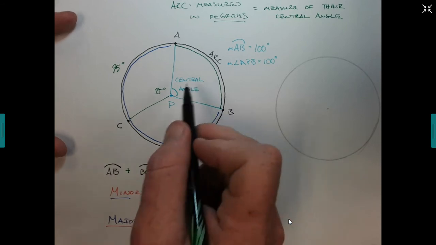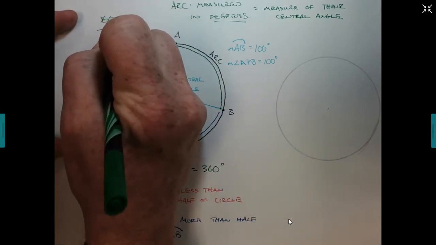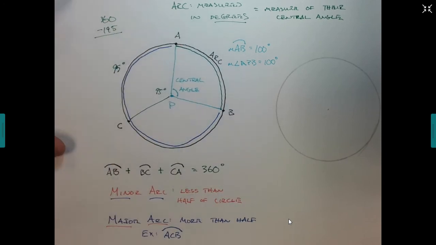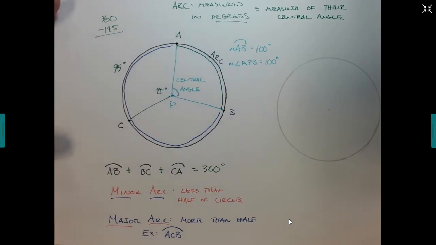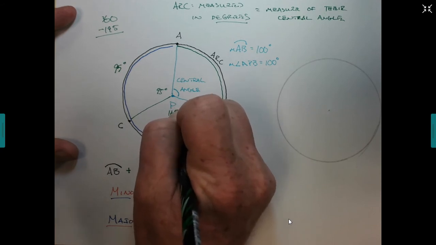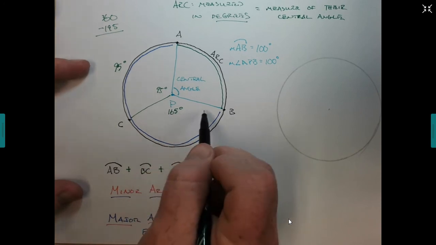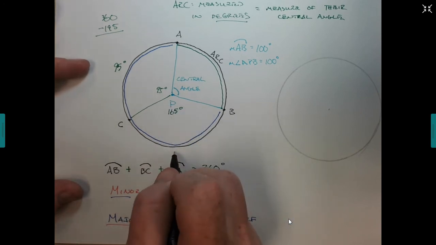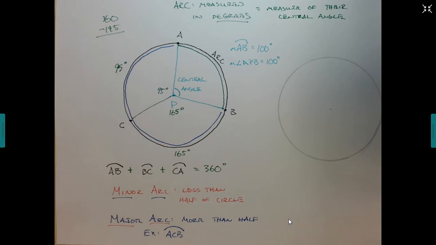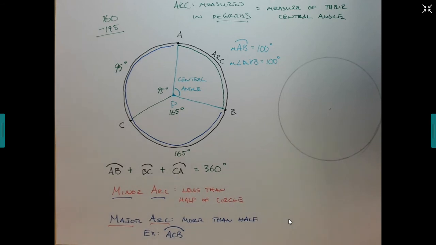So if I took 360 degrees and got rid of the 195 that I know about, then I would know I've got 165 degrees left. And I did that in my head, so I hope my math is correct. That means this has got to be 165 degrees, and this is also 165 degrees. Central angles will equal the measure of the arc inside them.